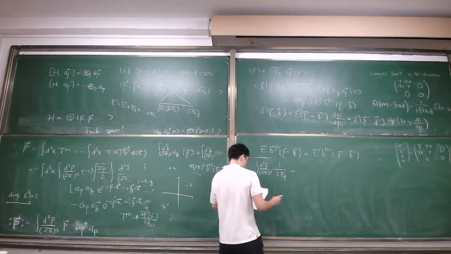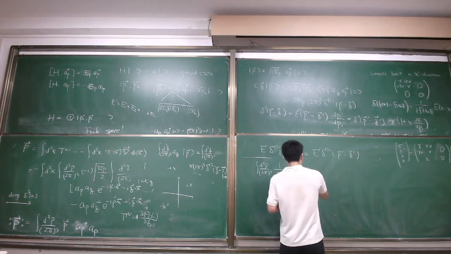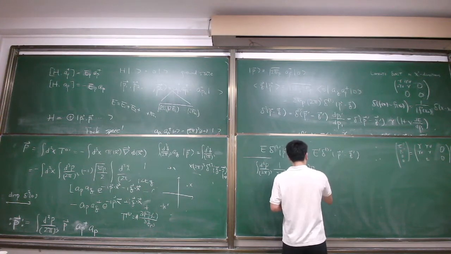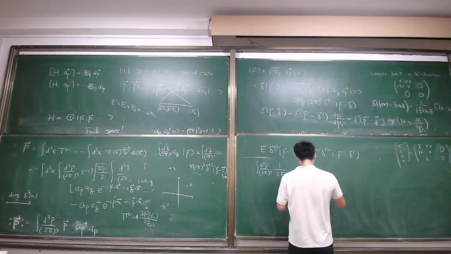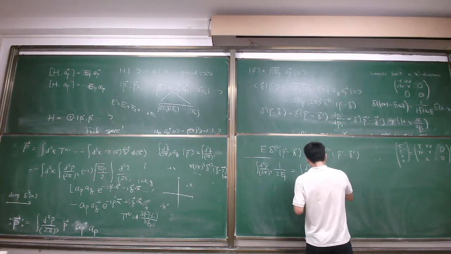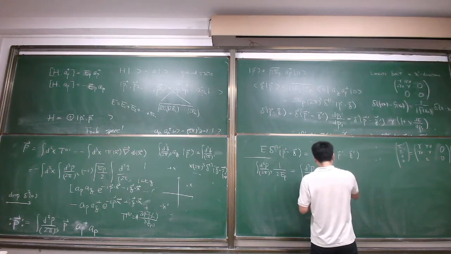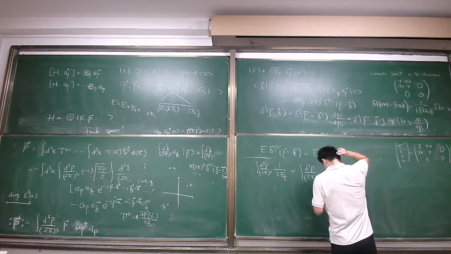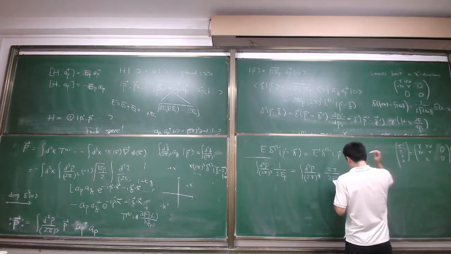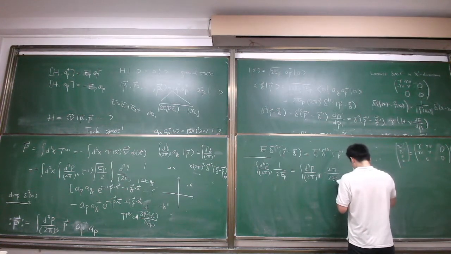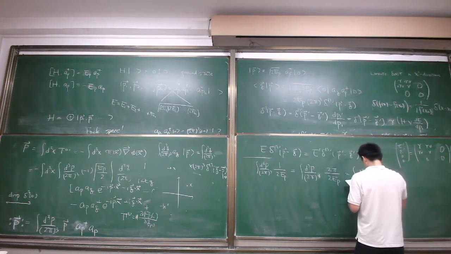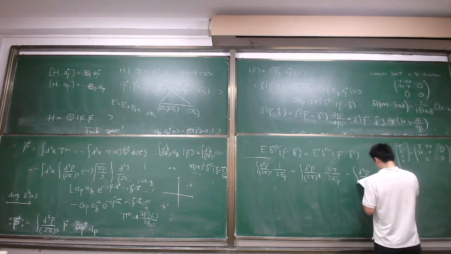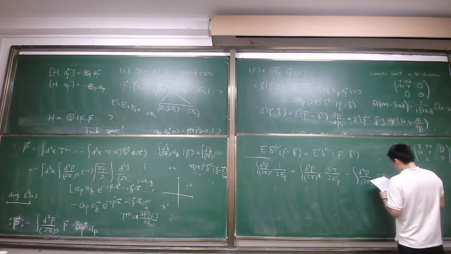This way you can massage it into the following: d to the fourth p over 2 pi to the fourth, 2 pi delta.